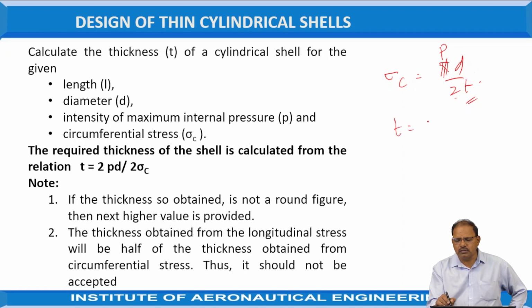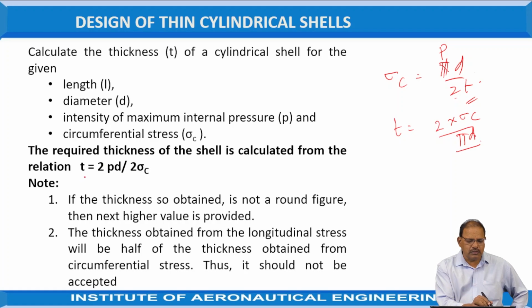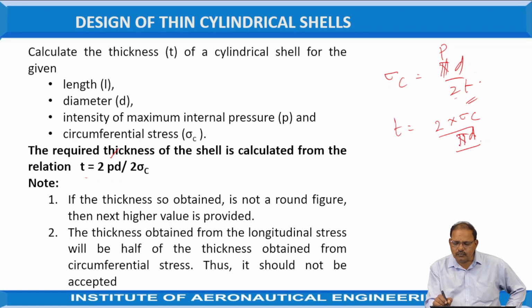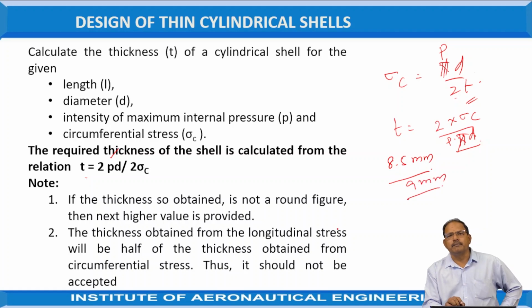From this relation, T is equal to PD divided by 2 into sigma C. If the thickness so obtained is not a round figure, for example when you are doing the calculations you get 8.5 mm, then instead of taking 8.5, it is better to take the round figure of 9 mm.